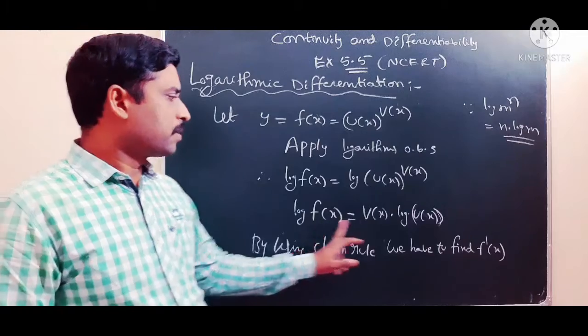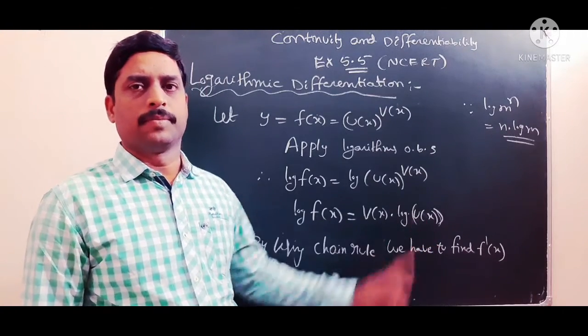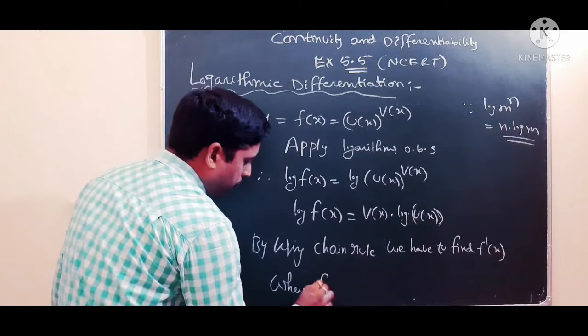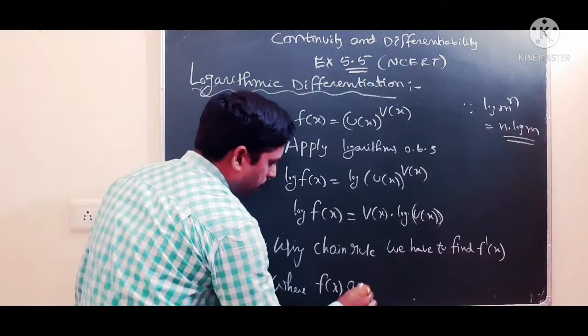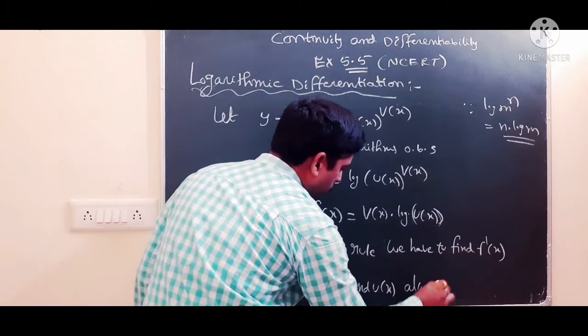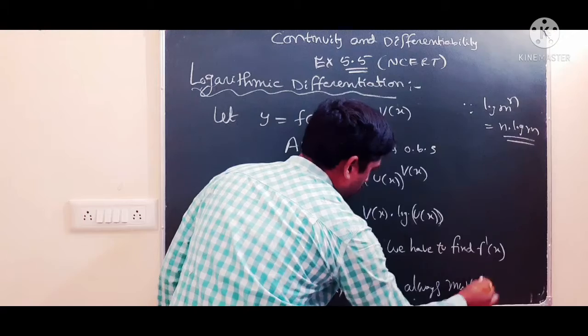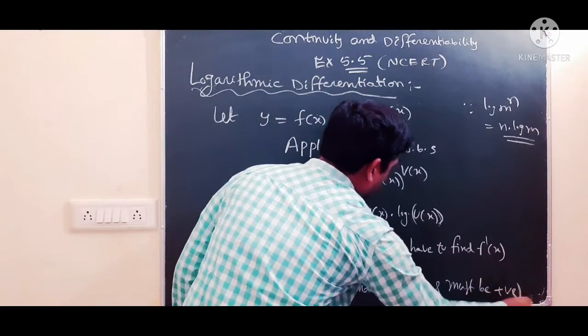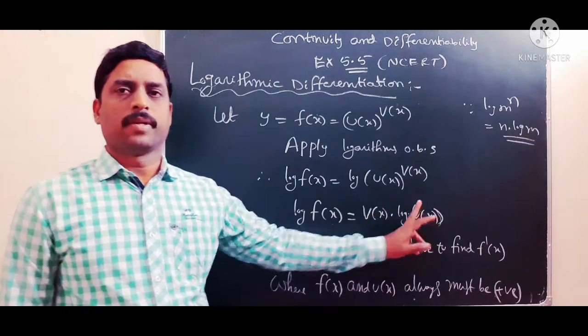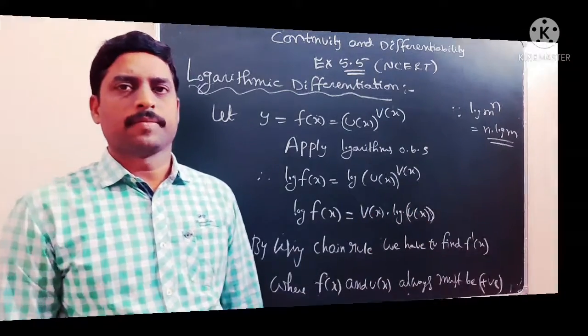In this, f of x and u of x both must always be positive, because the logarithm functions are defined only for positive values.